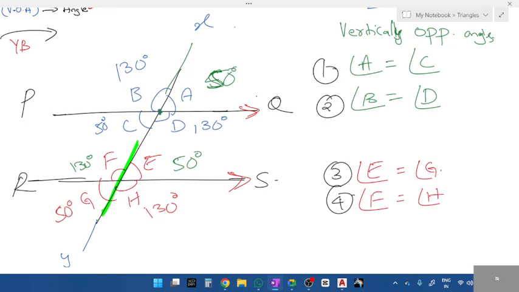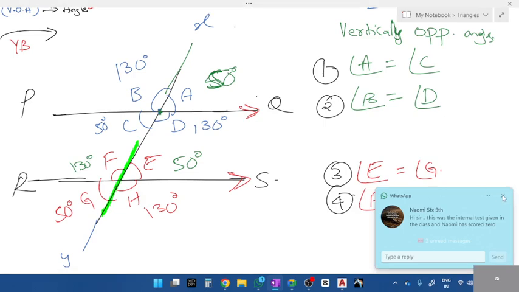A, B, C, D along with angles 50, 130, all these things, vertically opposite. Is this clear? Did you understand? Four pairs of vertically opposites.